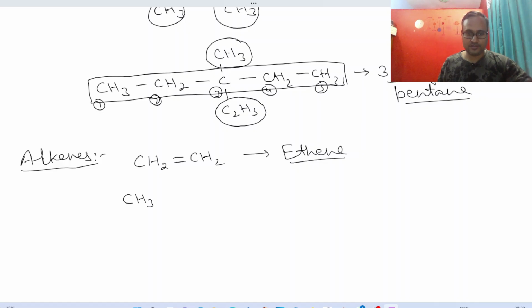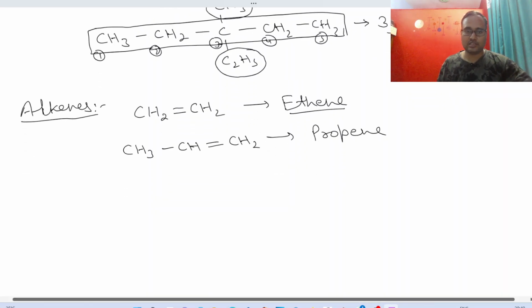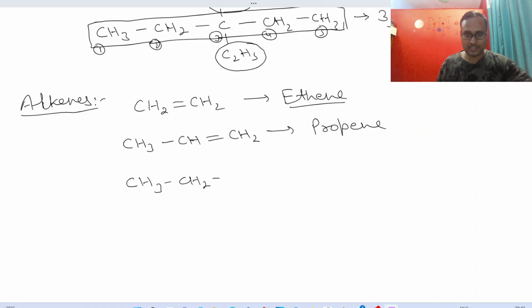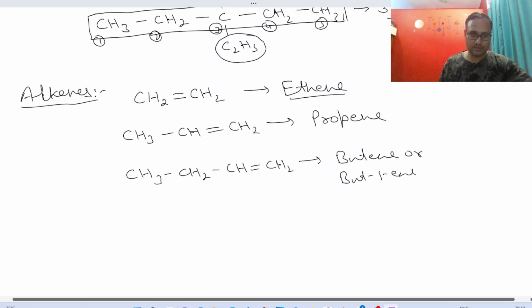If we have a 3 carbon chain, then we can write the name as propene. If we have 4 carbon atoms and the first carbon is bearing the multiple bond, that is a double bond, we can write it as butene, or we can also write it as but1ene in order to mention the position of the multiple bond.